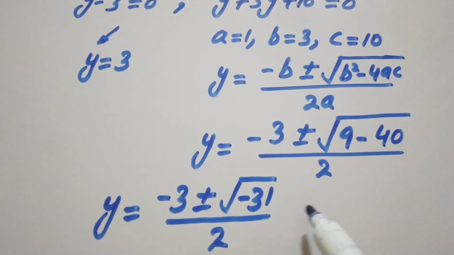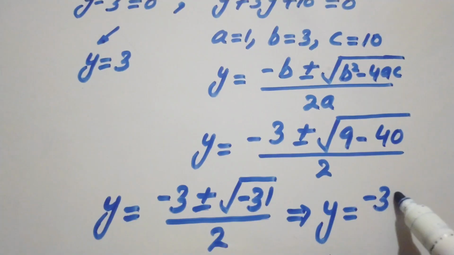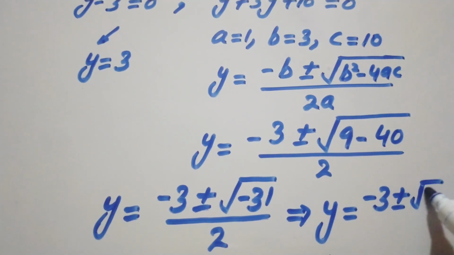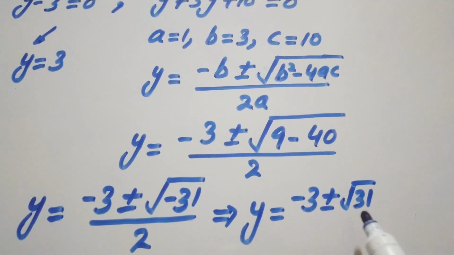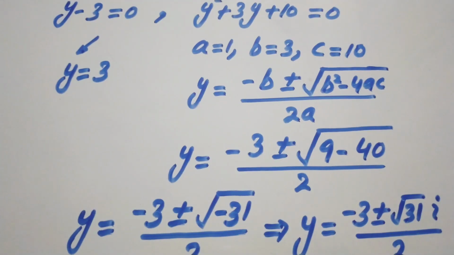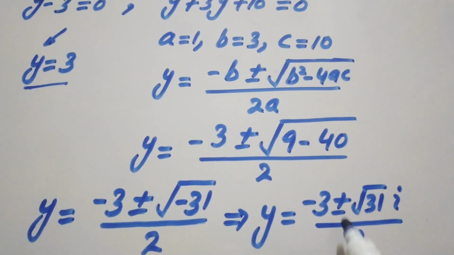This minus 31, we will write this as y is equal to minus 3 plus minus square root of 31 into square root of minus 1. Square root of minus 1 is iota, divided by 2. So we have y is equal to 3 and y is equal to minus 3 plus minus square root 31 i divided by 2.